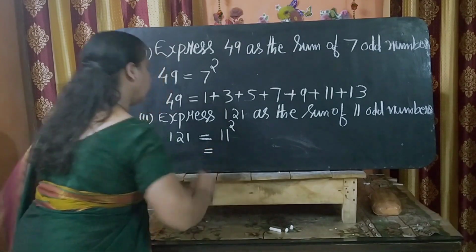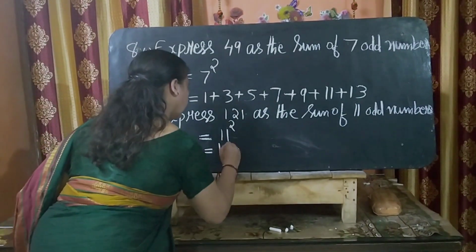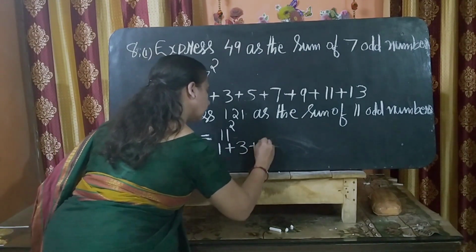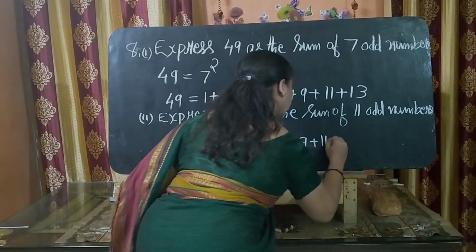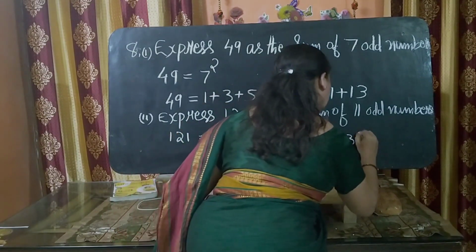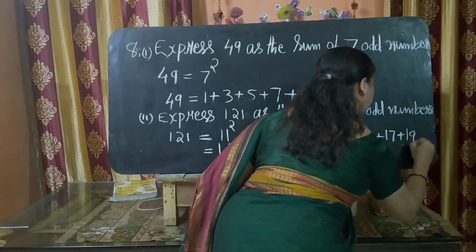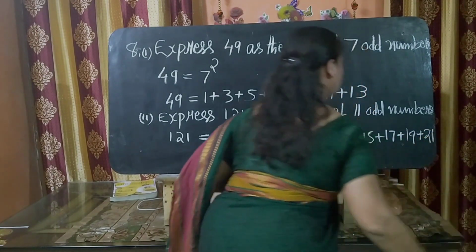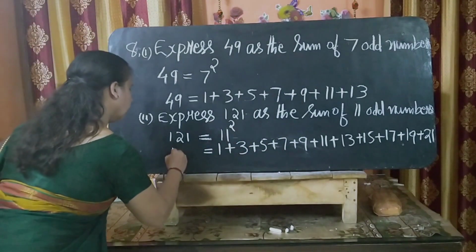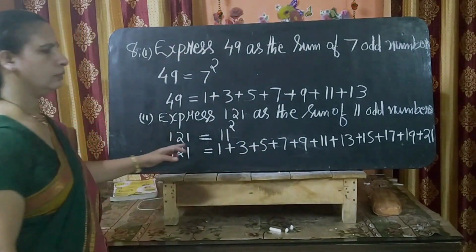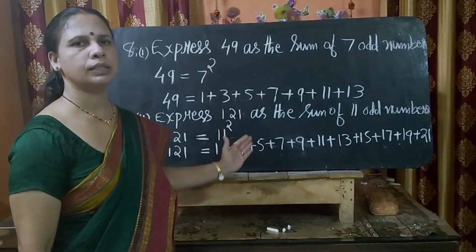Write 121 as the sum of 11 odd numbers: 1 plus 3 plus 5 plus 7 plus 9 plus 11 plus 13 plus 15 plus 17 plus 19 plus 21. If we add these numbers, we will get the sum 121. Copy down this.